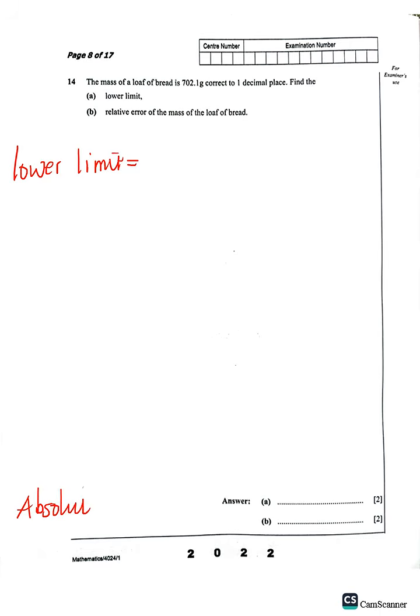Since we are told correct to one decimal place, the absolute error is 0.05. So we need to subtract this 0.05 from 702.1.